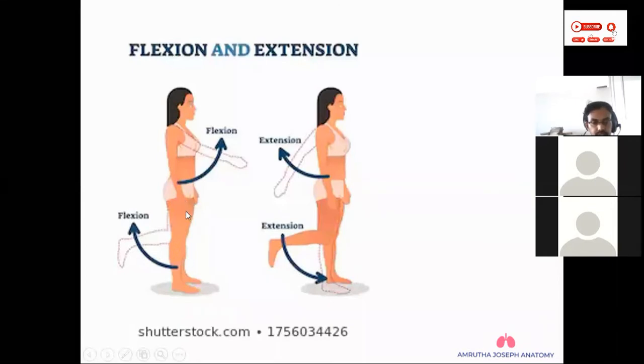This is the extensor surface and this is the flexor surface. So why is it so? Why in the upper limb is the anterior surface flexor and the posterior extensor, and in the lower limb the anterior is extensor and the posterior is flexor? The reason is this one.